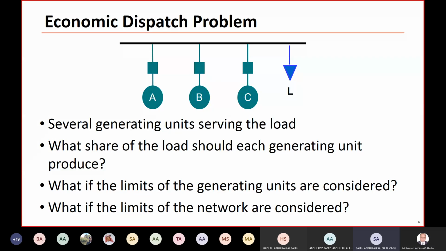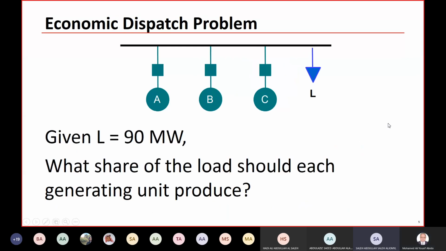Does the distance affect which generator should be on and which one should be off? I mean the distance between the load and the generator. Well, if you think about it, I would say it depends on the load, whether it's reactive or real power.